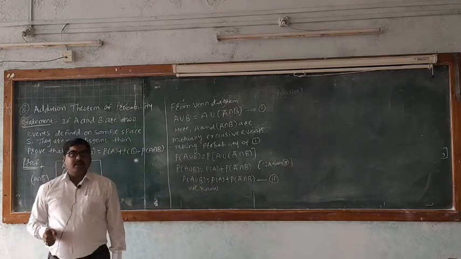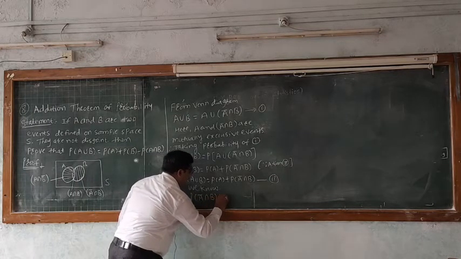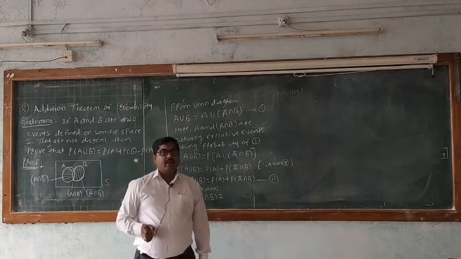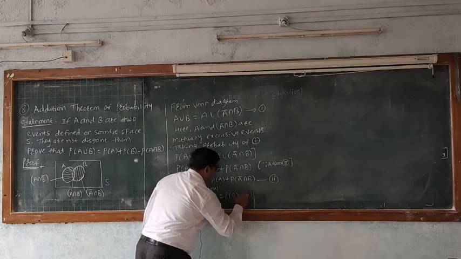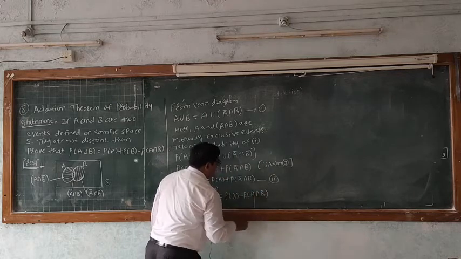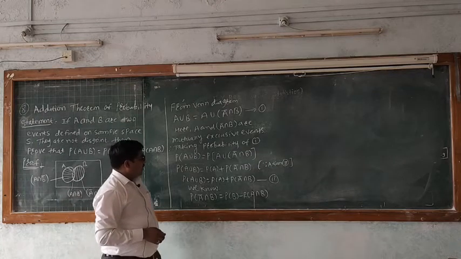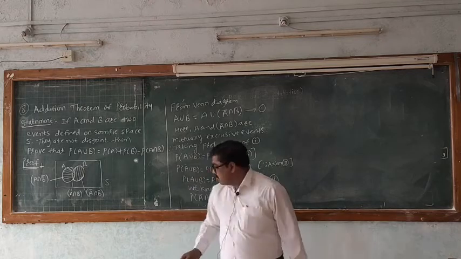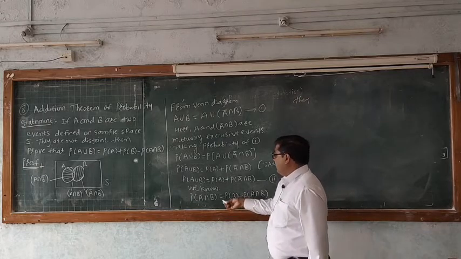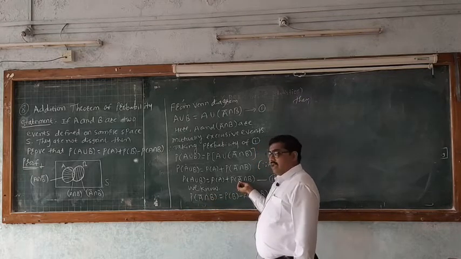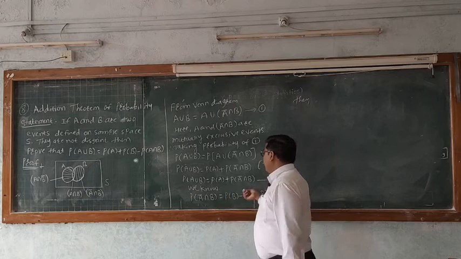Now we know, from the last theorem, probability of A bar intersection B equal to P of B minus probability of A intersection B. Put this value in this equation.